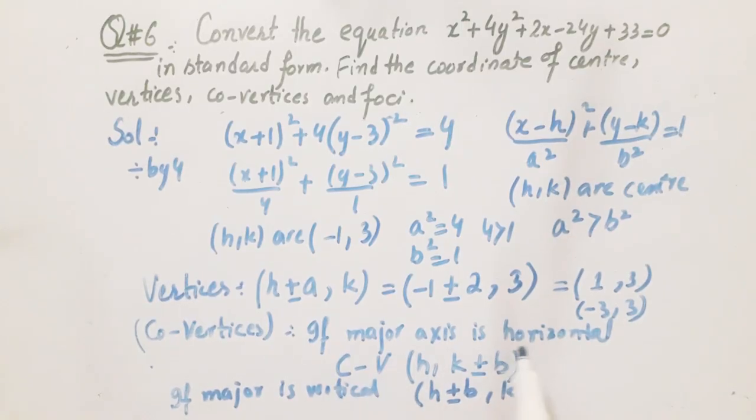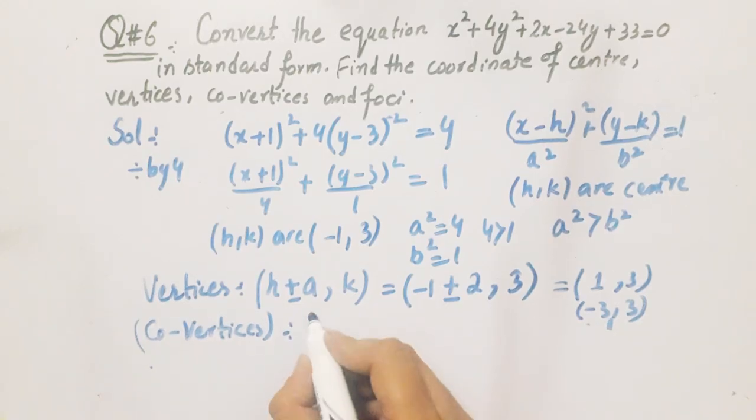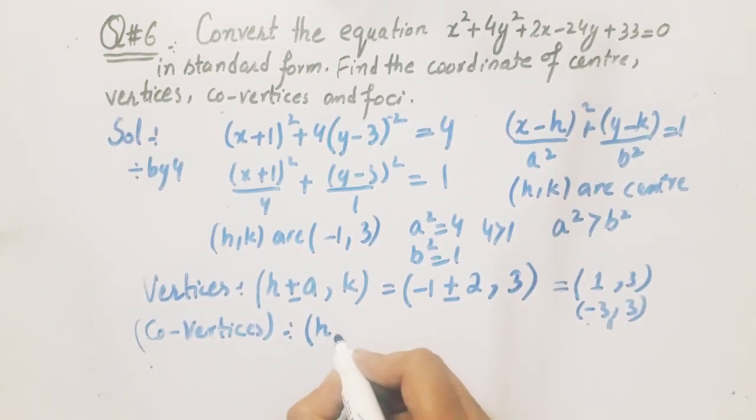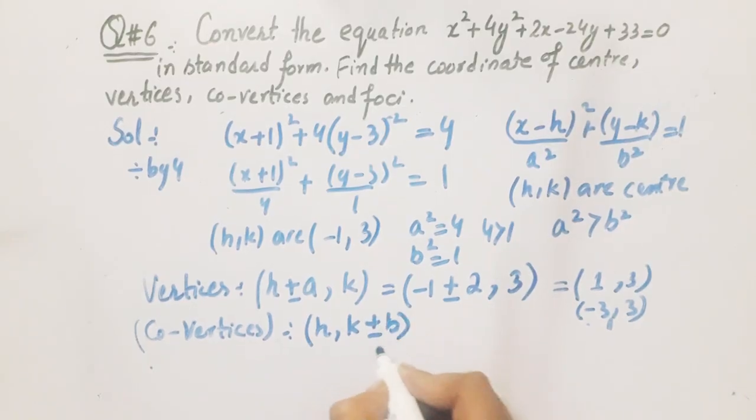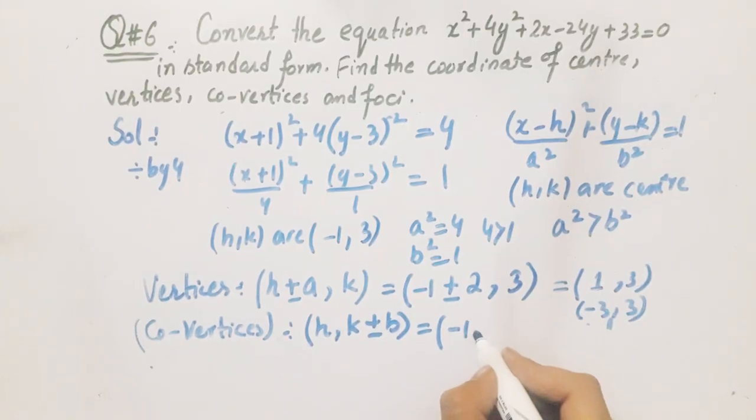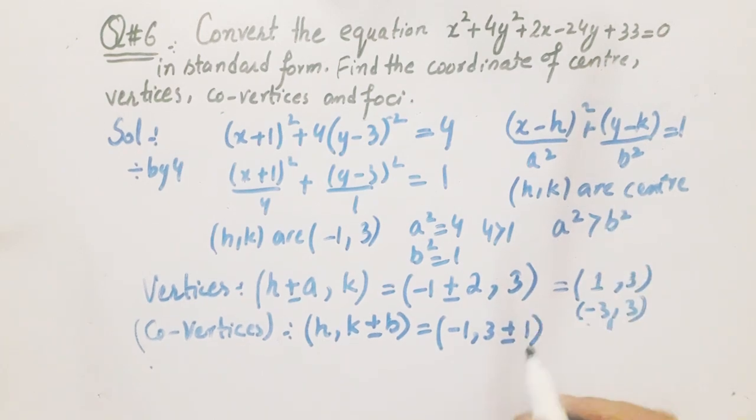So we have the major axis horizontal, so we will use this condition. So we will write (h, k plus minus b). The value of h is -1 and the value of k is 3 and b is equal to 1. So you will get (-1, 3 plus 1 is 4) and (-1, 3 minus 1 is 2). So your co-vertices are (-1, 4) and (-1, 2).